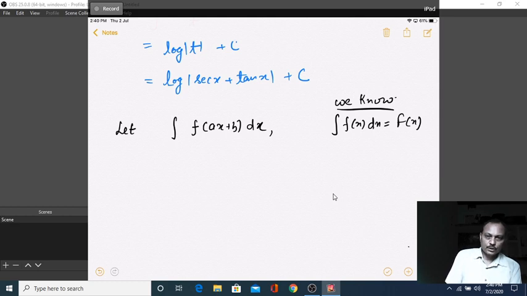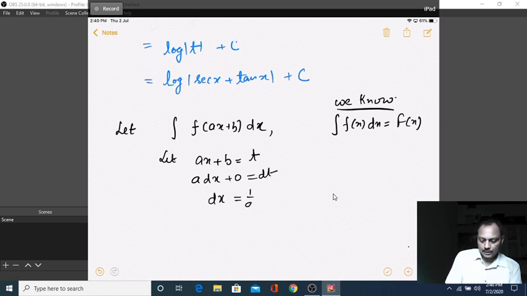Then we can use the substitution method. Let ax plus b is equal to t. Then its derivative will be a dx plus 0 is equal to dt. Then dx is equal to 1 upon a dt.